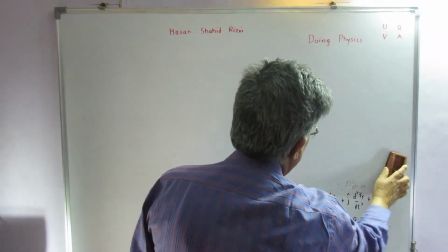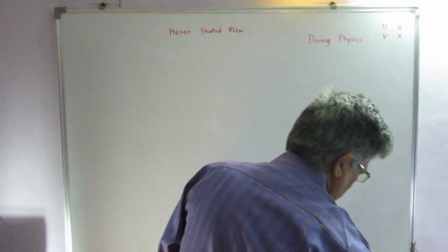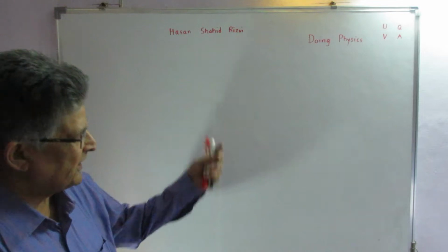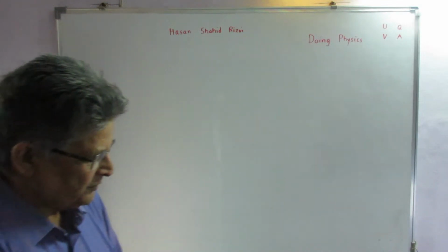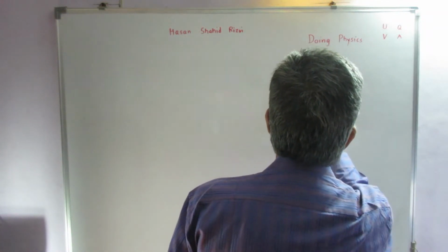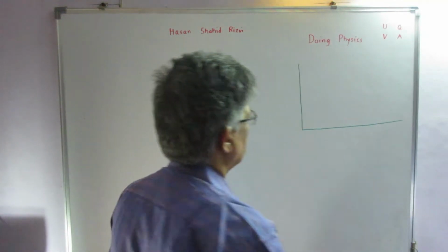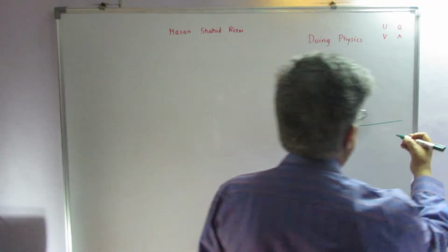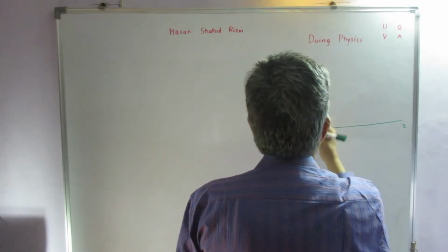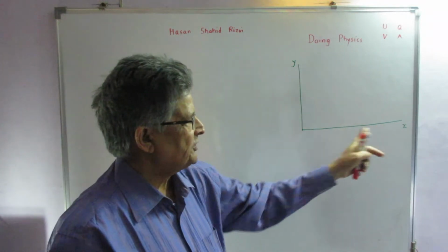In projectile motion we set a body in motion in the xz plane, but we'll take it as y, the vertical axis, and this as the horizontal axis, x on this side, and we project a particle from the intersection of these two.